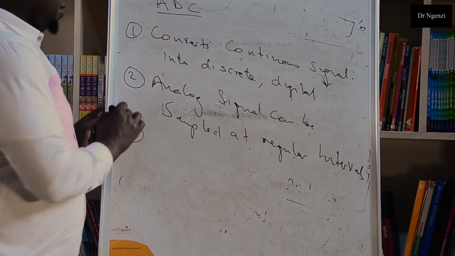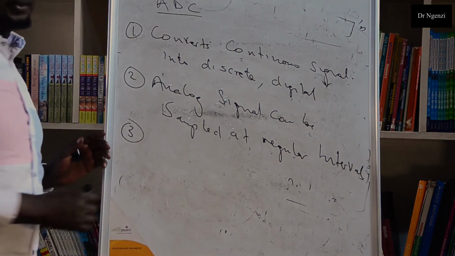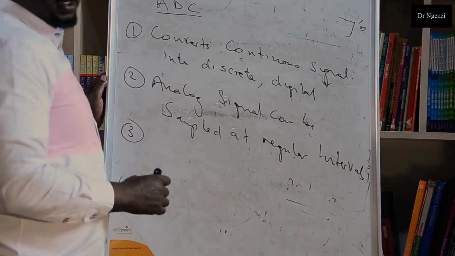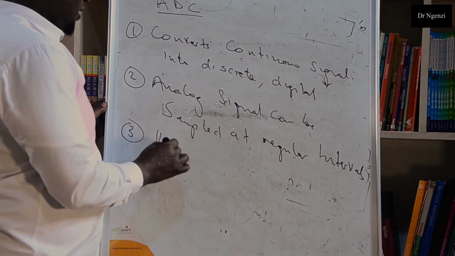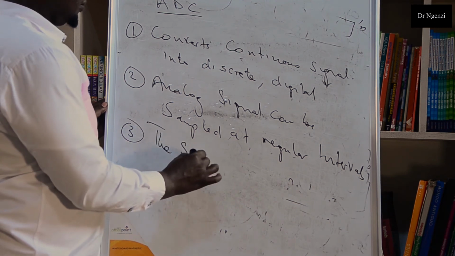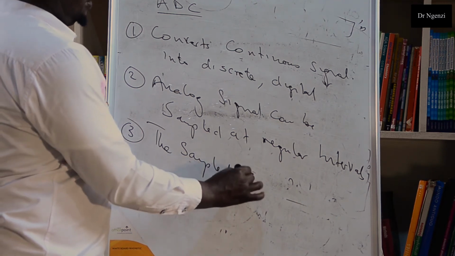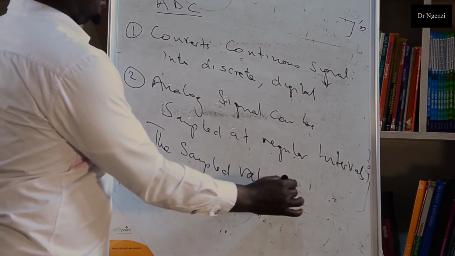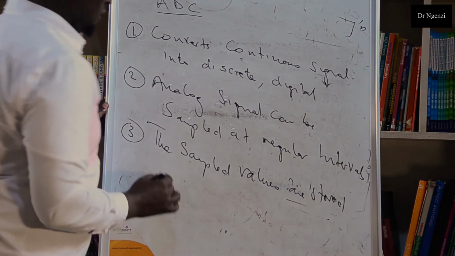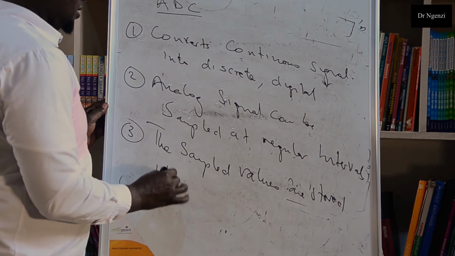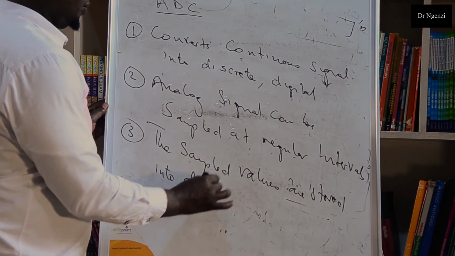And then the last point, what the ADC has to do: the sampled values are then stored in a data stream.